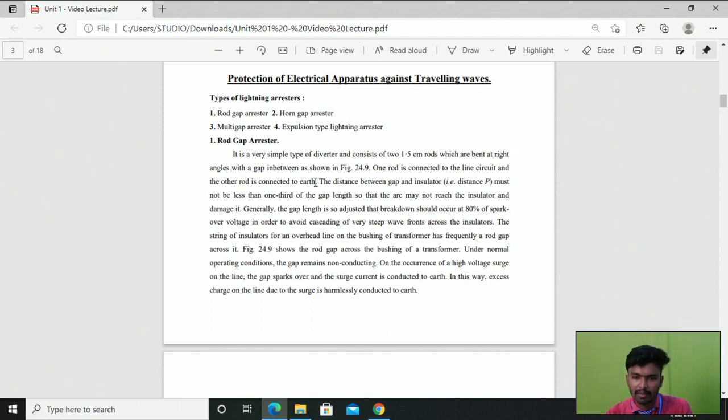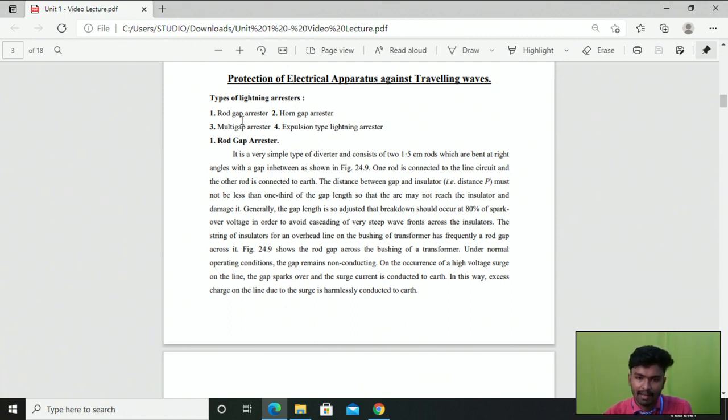Among them, the first two provide protection against direct lightning strokes, but the last one, the lightning arrestor, is used only to provide protection against indirect lightning strokes, that is, against traveling waves. That is why we are going to use types of lightning arrestor to protect the electrical apparatus against traveling waves. So here we have four types.